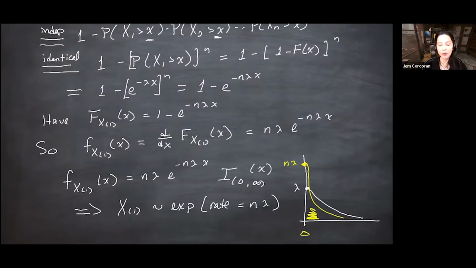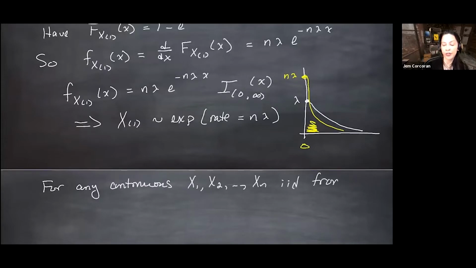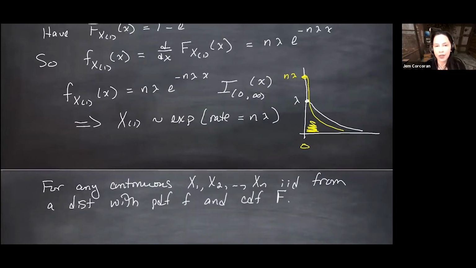I say just do it, but if you want a formula in a box, basically what we showed is that for any continuous x1, x2 through xn, IID from a distribution with some PDF little f and some CDF capital F. I didn't use the exponential till the very, very end of this.